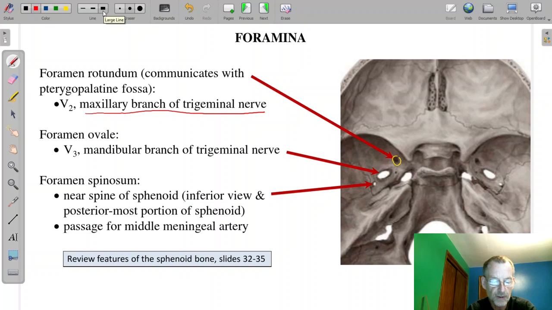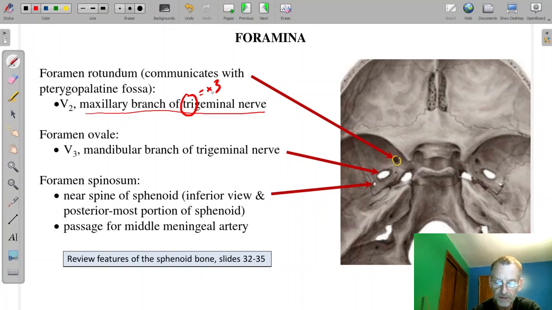So the trigeminal, tri means 3, and the second branch goes through the Foramen Rotundum. Where does the first branch of the trigeminal nerve go? Right, through the SOF, through the superior orbital fissure.